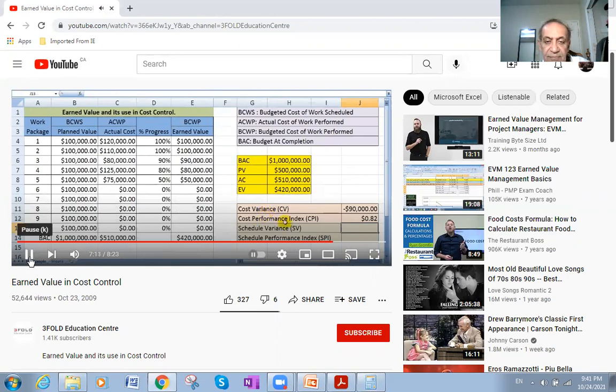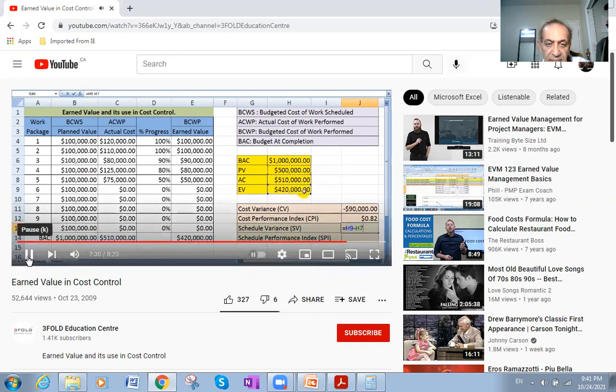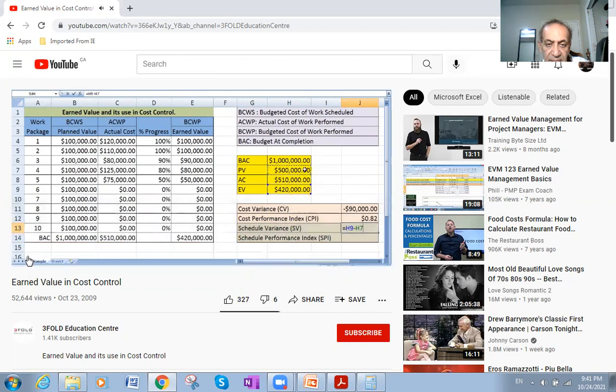And let us complete: for cost variance and cost performance index, we bother only about earned value and actual cost. We will not consider the planned value. When we analyze the schedule variance and schedule performance index, then we compare the earned value with the planned value. We completed $420,000 of work, but we were supposed to complete $500,000 of work.